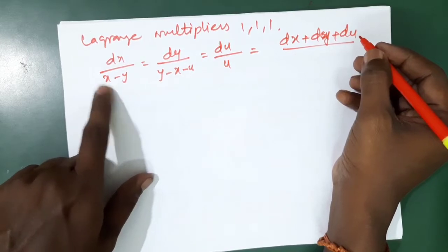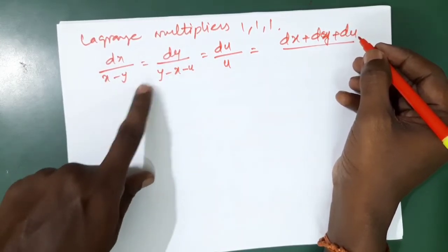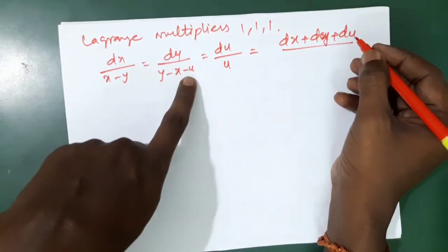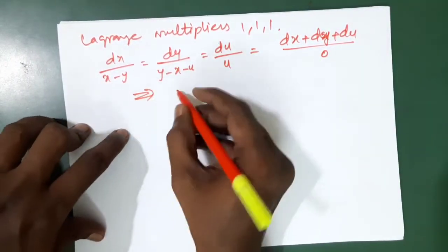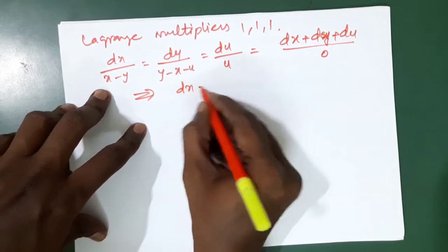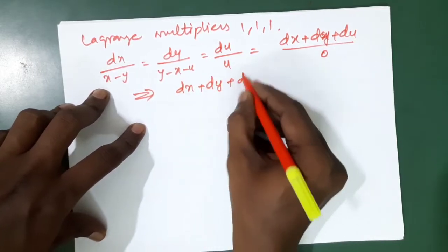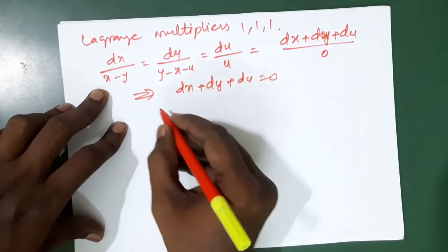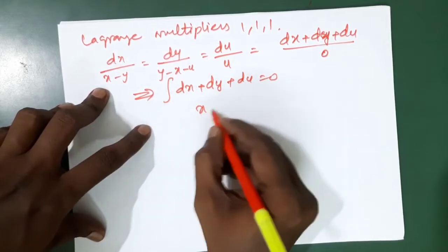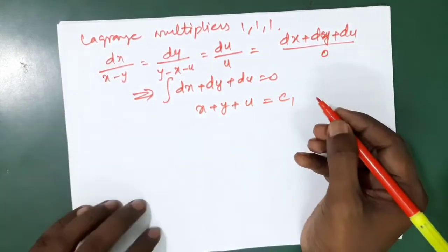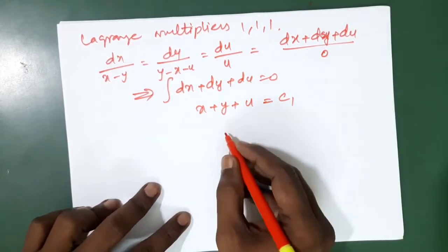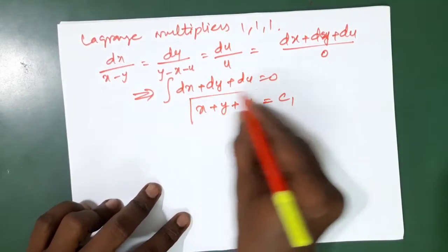If you add all these, x minus x gets cancelled, y minus y gets cancelled, and minus u plus u gets cancelled, so this is equal to 0. So dx plus dy plus du is equal to 0. On integrating, x plus y plus u is equal to some constant c1. So this is the first.